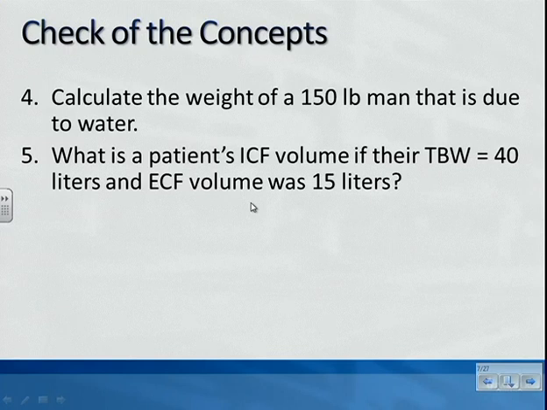I'm giving you what's outside the cells, so you can figure out what has to be on the inside. This one's not a bad one. 40 minus 15. So how much water is in the intracellular fluid? 25. That math's not that bad.